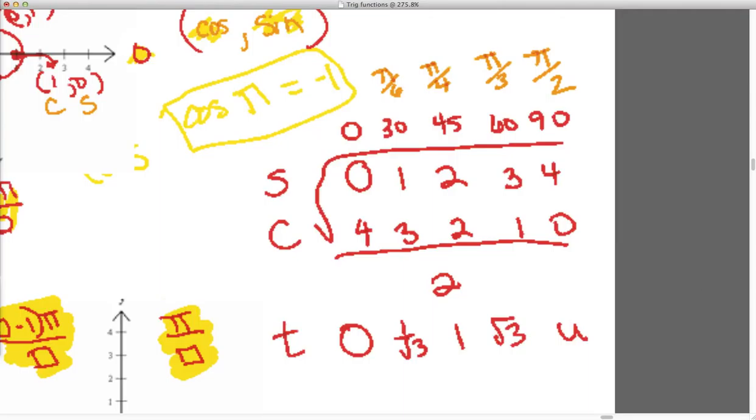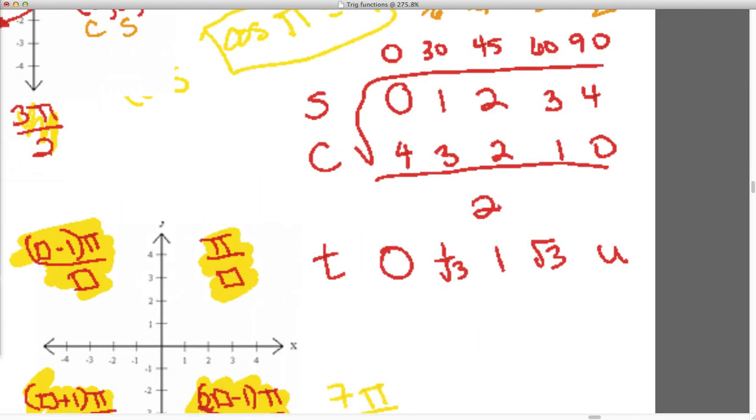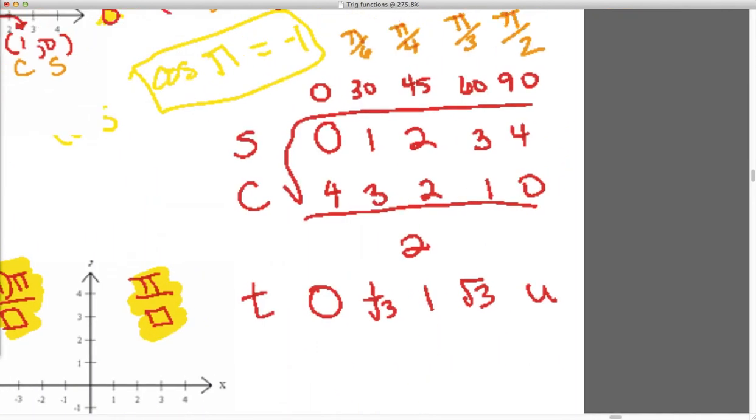So how am I doing this? Well, let's say I wanted the sine of the reference angle of 30. I would come to this point here and see where sine and 30 intersect. That's a 1 in the numerator, square root that value, you get 1, and then divide it by 2. So sine of 30, for instance, is 1 over 2.